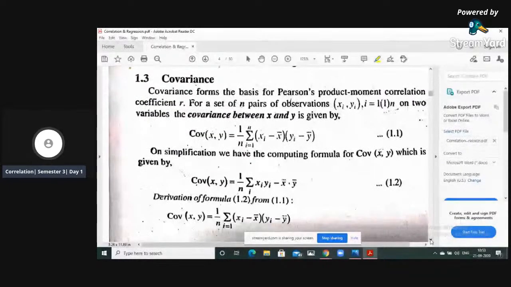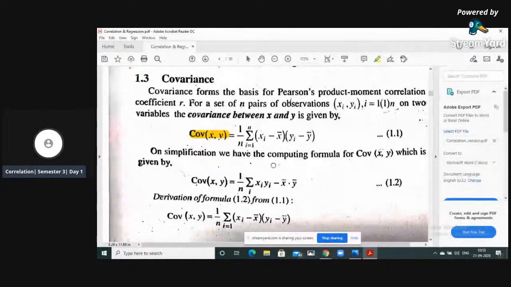Now, covariance for a set of n pairs of observations xi, yi on two variables x and y is given by COV, for covariance between the variables x and y, as 1 by n summation (xi minus x bar) into (yi minus y bar).